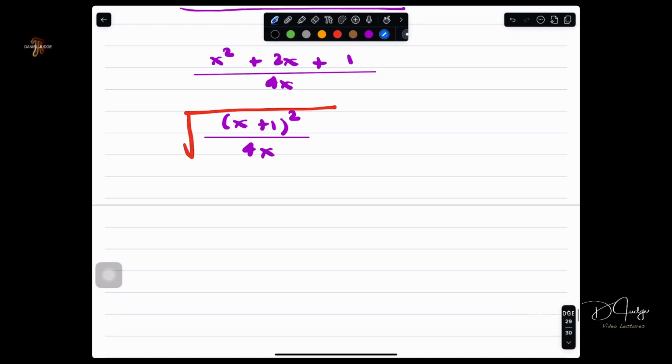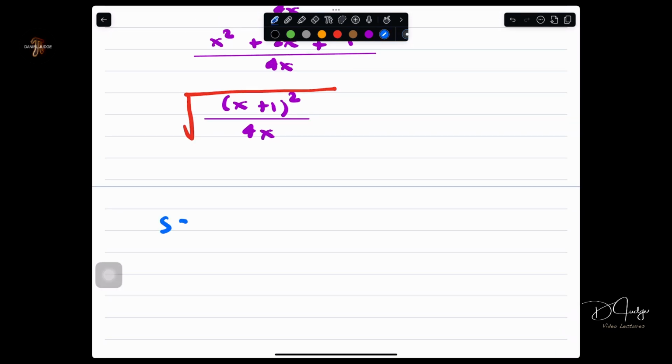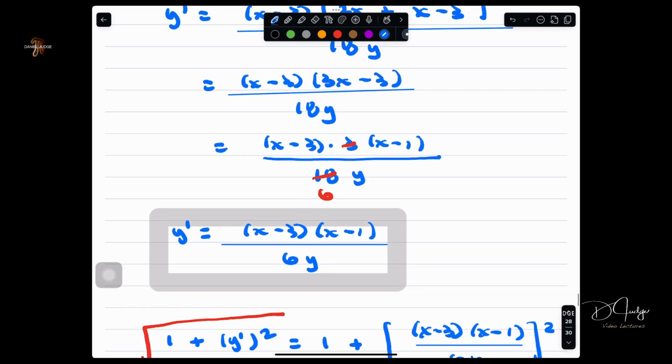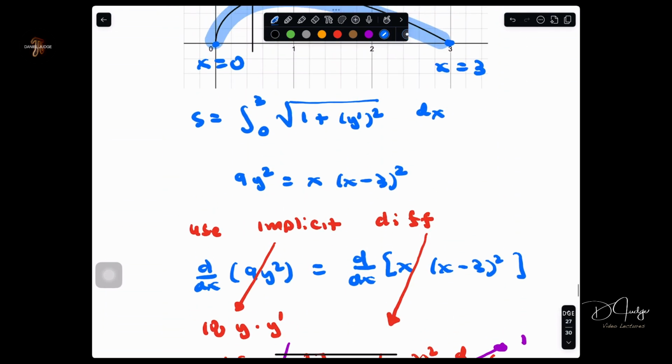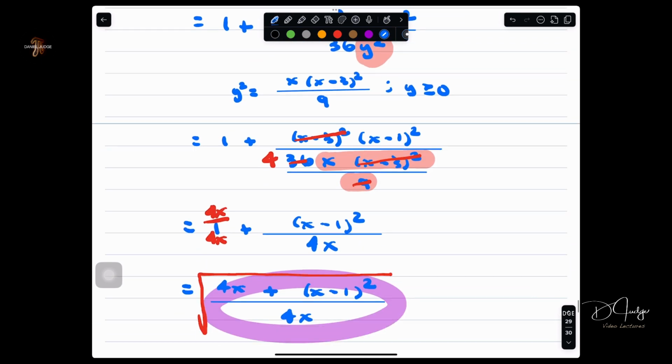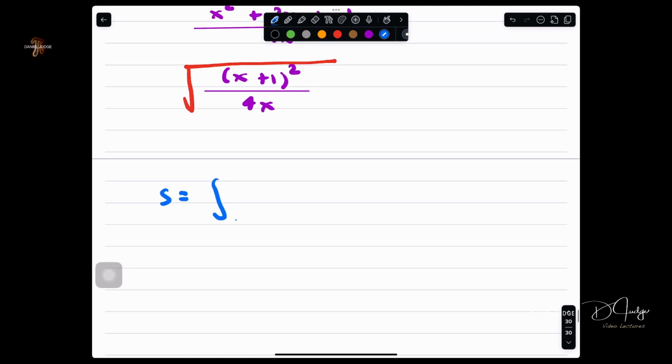So the arc length now is that integral from 0 to 3 of the absolute value of (x plus 1) squared over 4x dx.